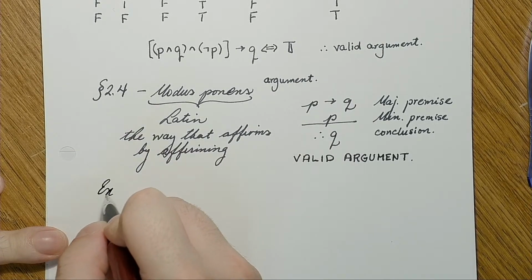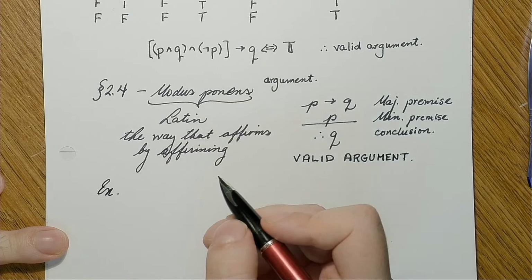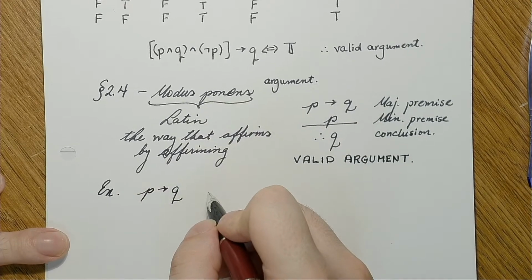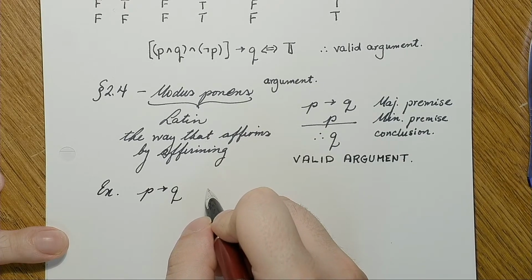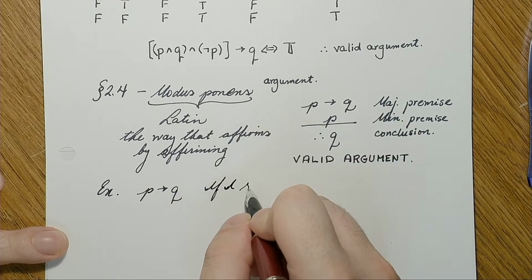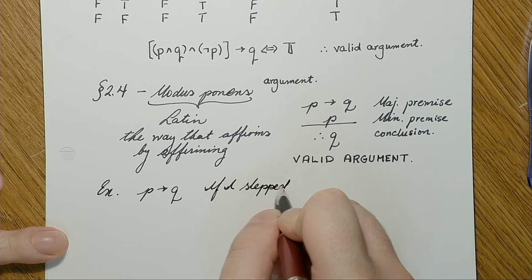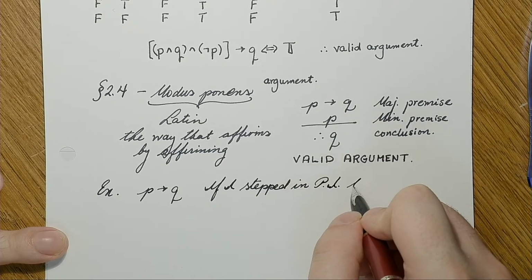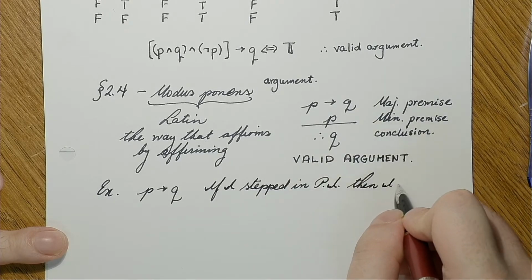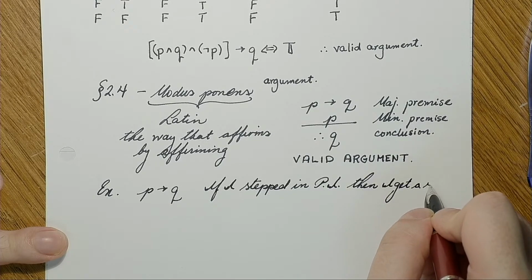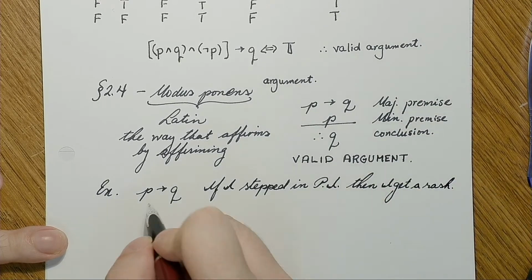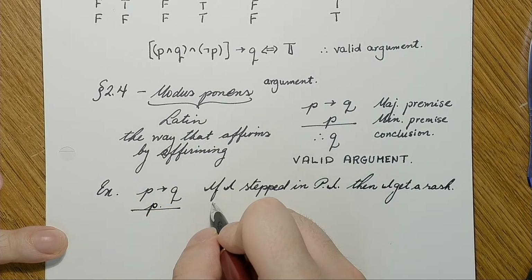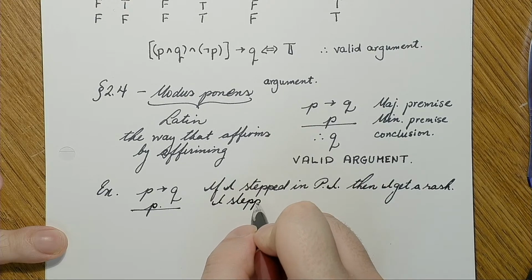So if I did an example we had done previously, like P implies Q. We've been thinking more of like, if I stepped in poison ivy, then I get a rash. This says I stepped in poison ivy.